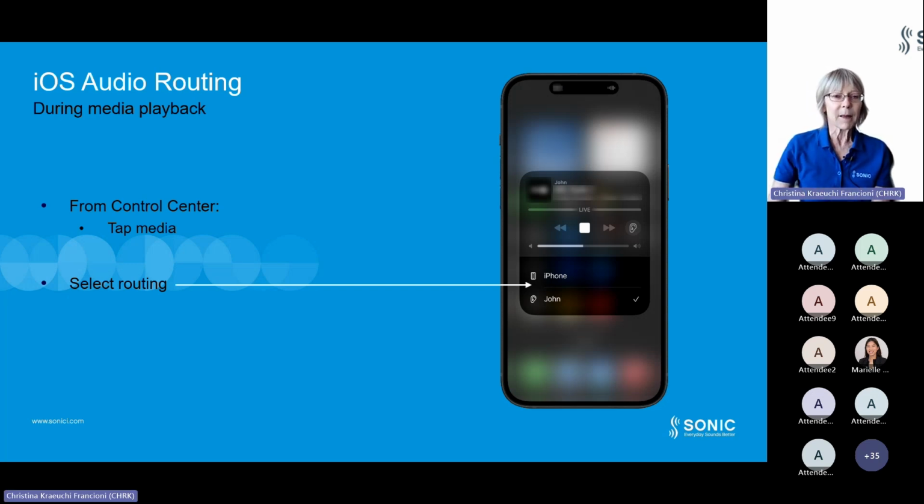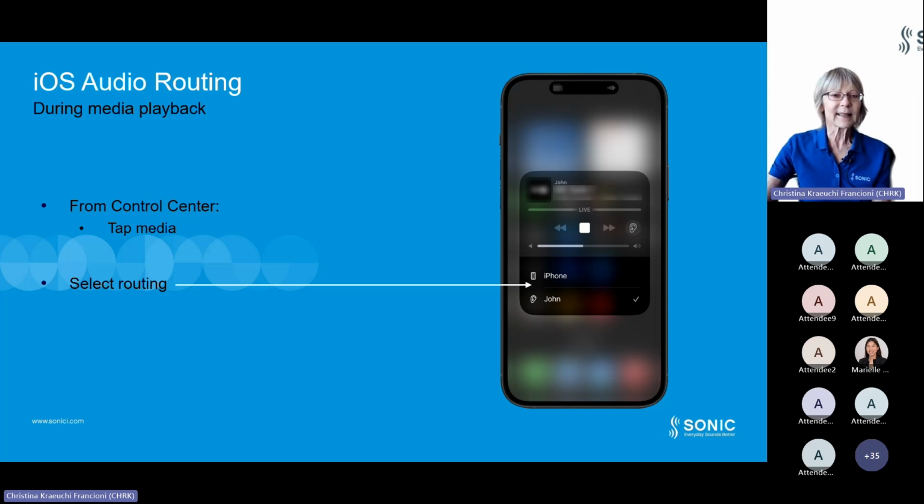If the client is streaming media and would like to change the audio during media playback or while listening to music, then he can directly go to the control center by swiping down from the top to the bottom.